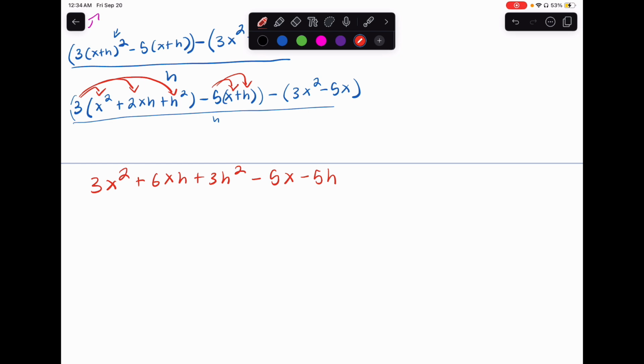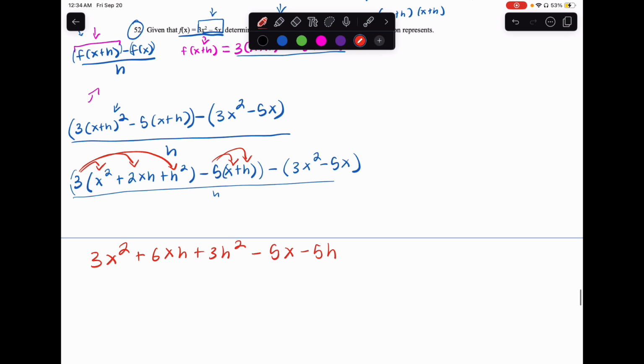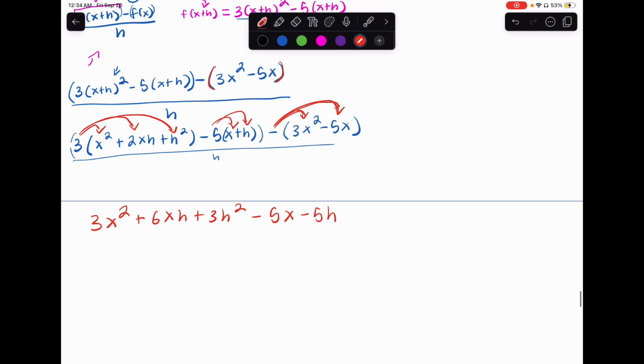The reason I said to please keep this in parentheses is that a lot of times, if you don't, you will not distribute the negative properly. You need to keep it in parentheses as a reminder to distribute the negative when simplifying this expression. When you multiply it, it becomes minus 3x squared, and the negative times the negative 5x becomes a plus 5x.